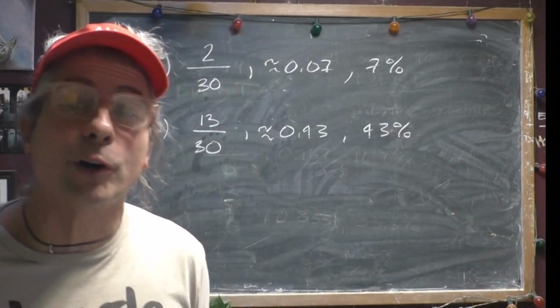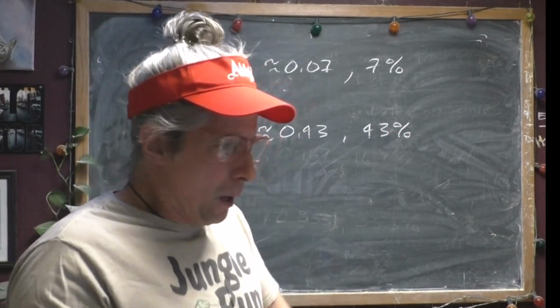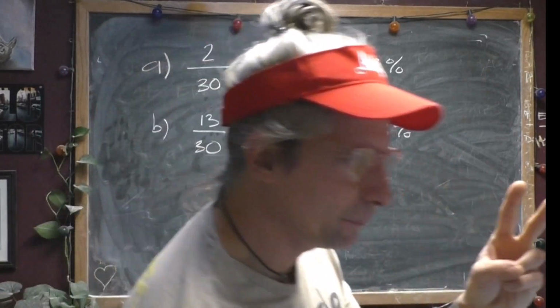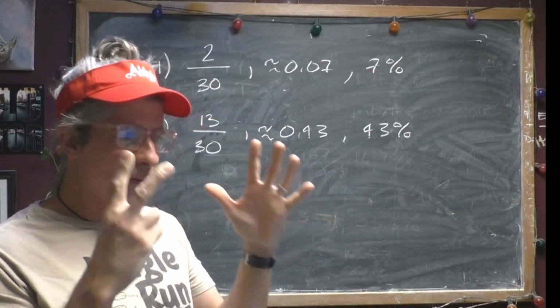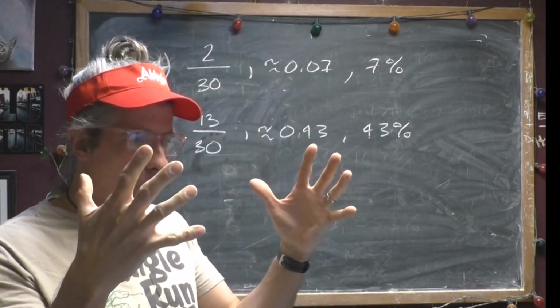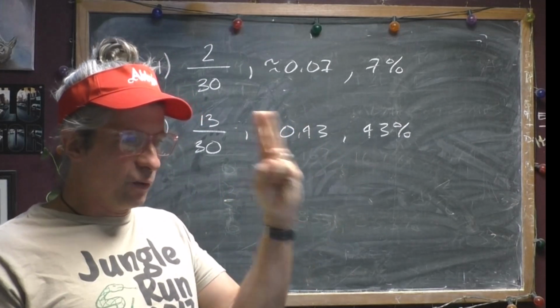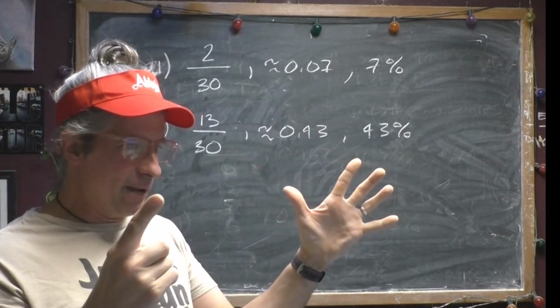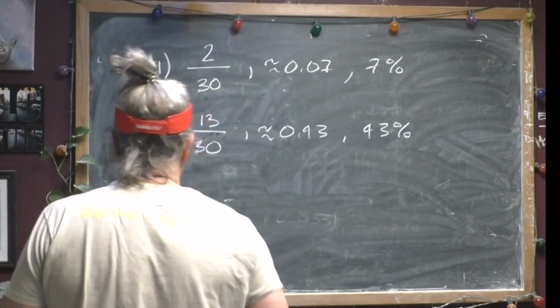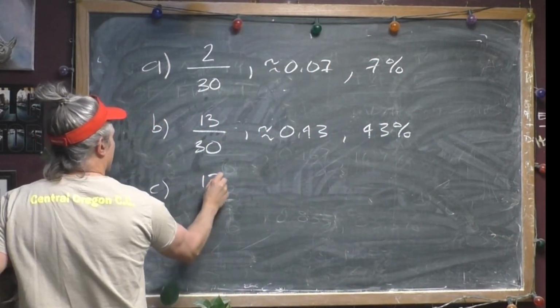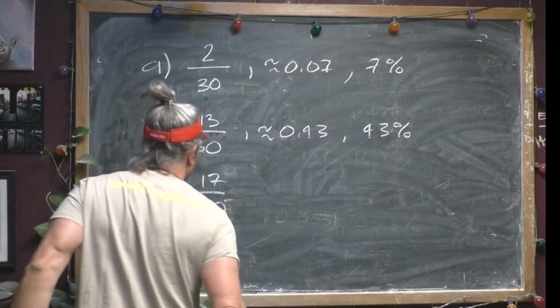C was 3 or greater. I remember this. 3 or greater: 6, 4, 6, 6, 4, 5, 5, 5, 6, 4, 6, 6, 4, 3, 3, 5, 4. So that's 17 out of 30.